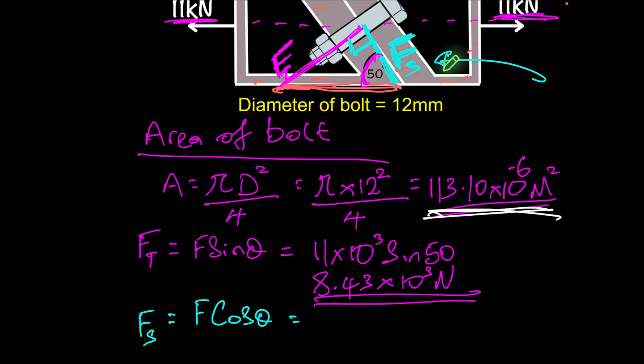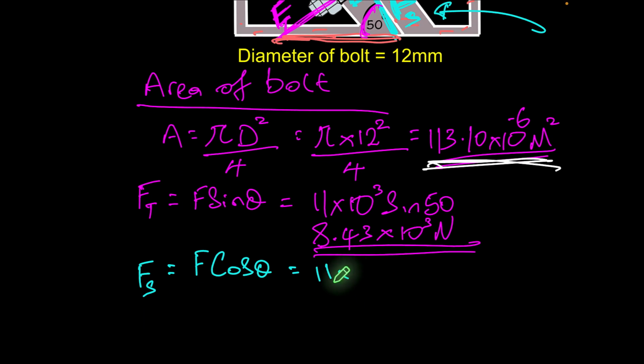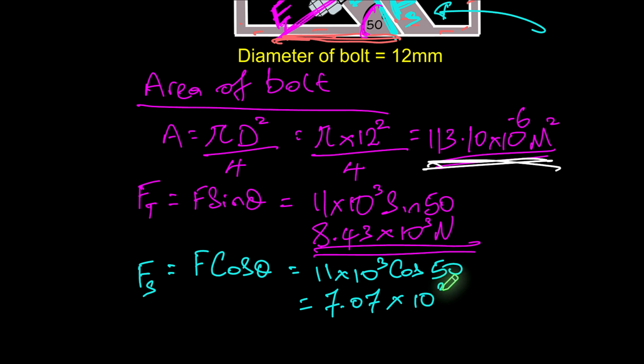So our force is once again 11 kilonewtons multiplied by 10 to the power of 3 and cos 50. So our shear force is going to be 7.07 multiplied by 10 to the power of 3 newtons. And this will represent our shear force.